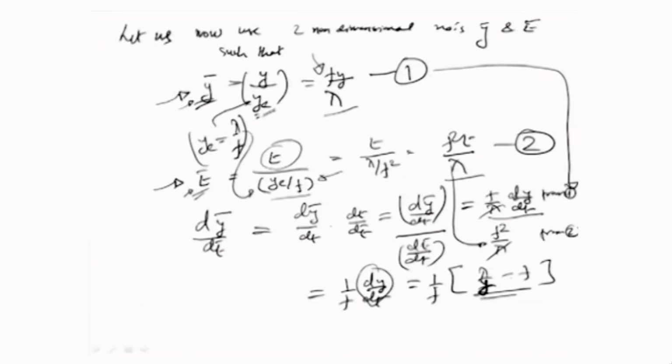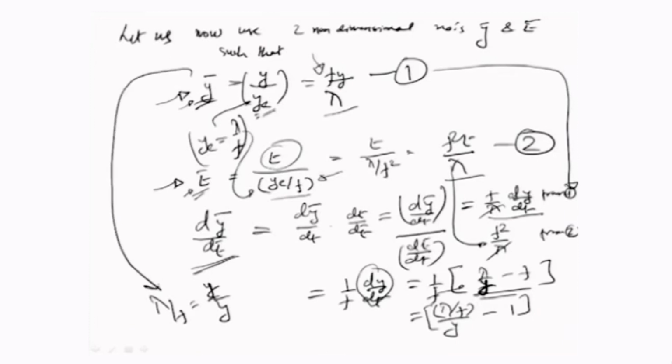And that is what dy dash by dt dash would be in this case. We can further modify it by taking this f inside the bracket and making it lambda by f divided by y minus 1. And as you know, lambda by f is actually y by y dash, from equation 1, and therefore this becomes 1 by y dash minus 1.